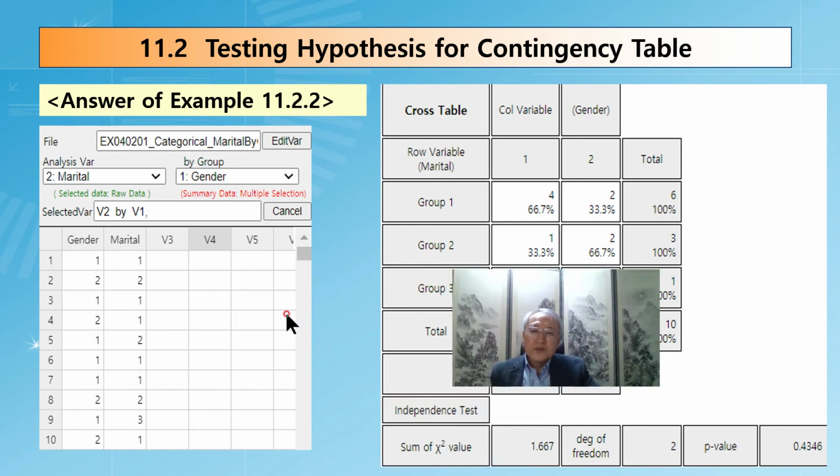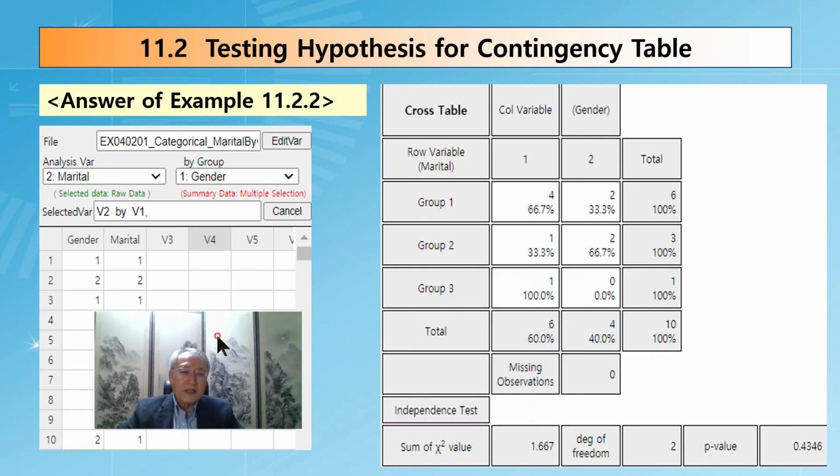Well, you can do a test of independence using the East module. Remember, if you have data like two categorical variables, you can have a cross table like this. With the frequency table, you can calculate this kind of thing.